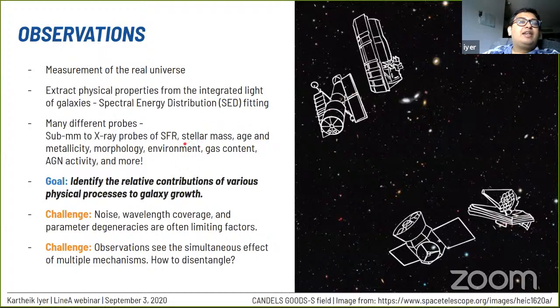So instead of looking at integrated quantities like stellar mass or instantaneous quantities like star formation rate, we recognize that these things are probing parts of the underlying quantity, which is the star formation history, and we try to measure that in as close to the way we do it in simulations as possible.